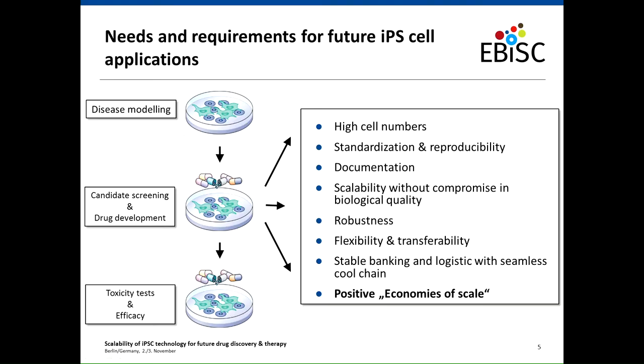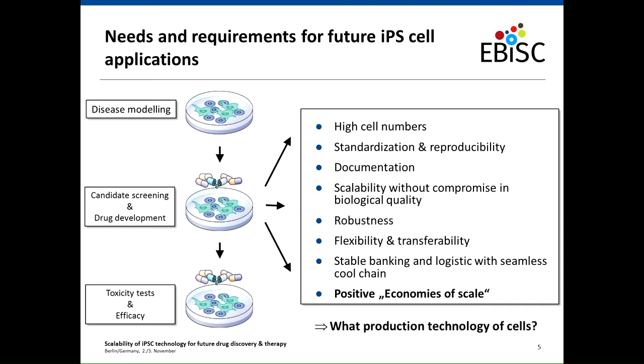You should have a high flexibility and also transferability of the workflows and the technologies you're using. And you need a stable banking and logistic with seamless cold chain to really guarantee the quality of your cells for future applications, and not only at the time when you need them, but also further on. And finally, you need a positive economies of scale. That means if you're doing the necessary upscaling of your process, then there should be in parallel a reduction of the costs.